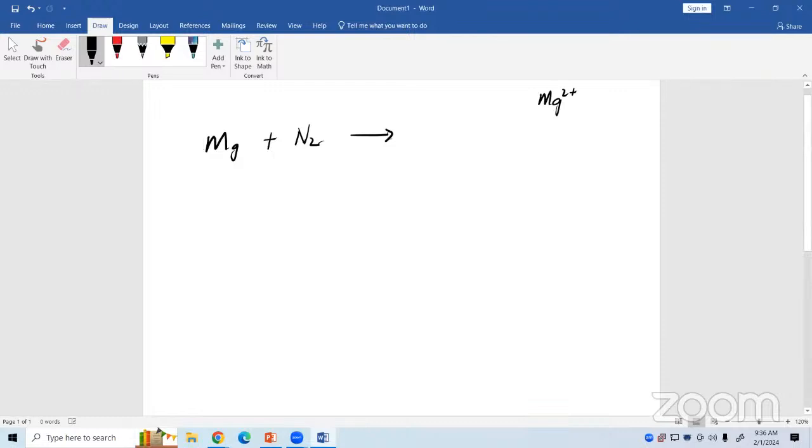And what's the formula for the nitride ion? 3 negative. Okay, so how do we form the compound between these two? You could put the N in parentheses with a 2 at the end, and with the magnesium, you do a 3. So you're going to need 3 of these and 2 of these, right? So the formula becomes Mg3N2.